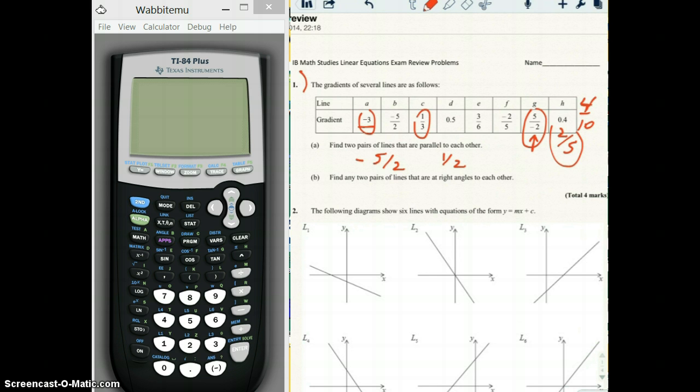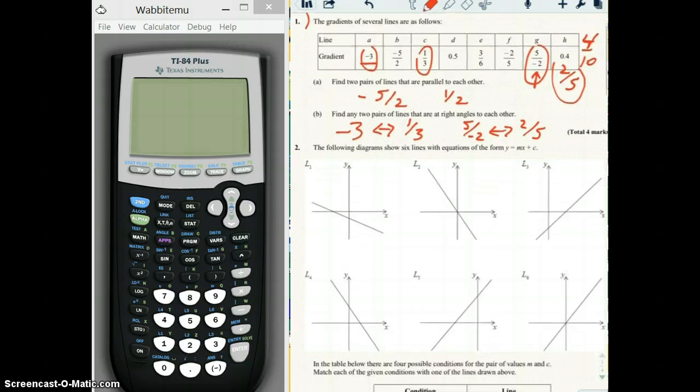So the two pairs are negative 3 and 1/3, and be careful not to put an equal sign here, because they're not equal to each other. And I would put 5 over negative 2 and 2/5. Okay, so that's problem 1.